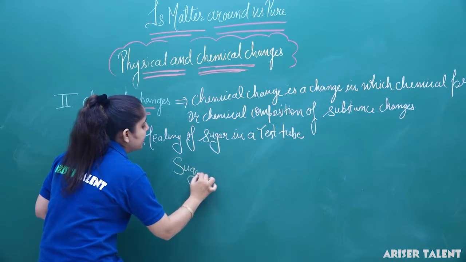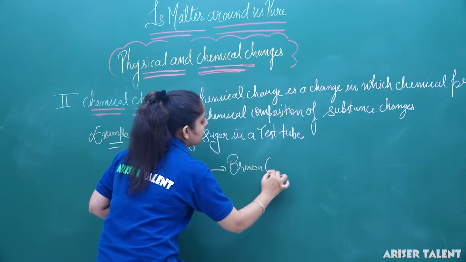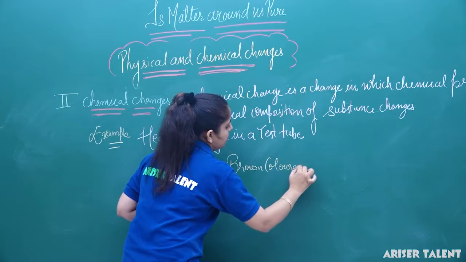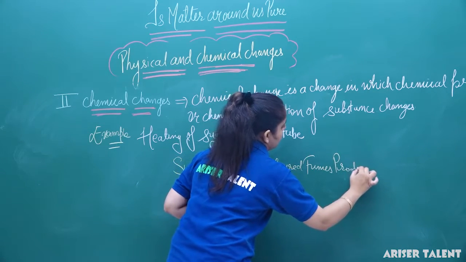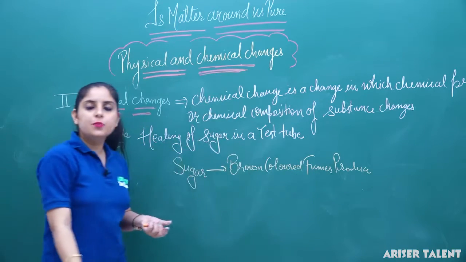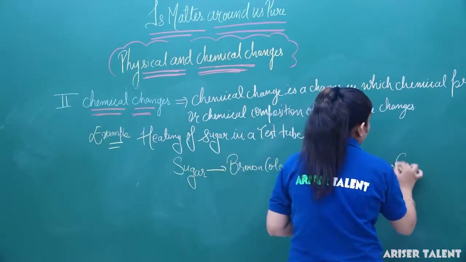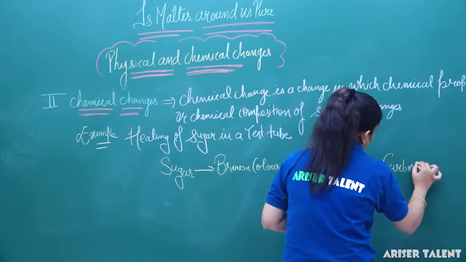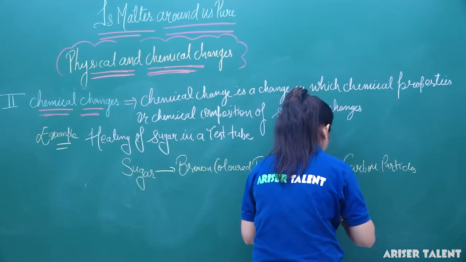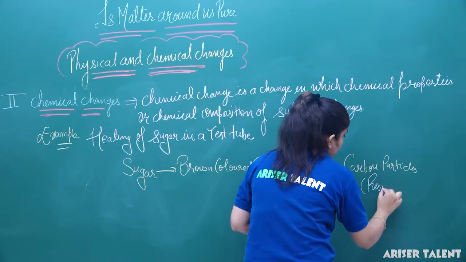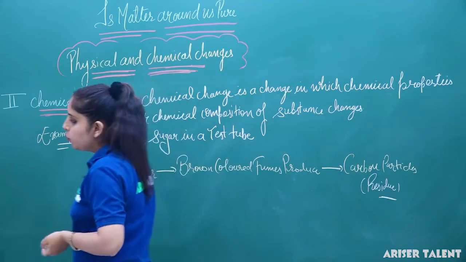If sugar is heated, brown colored fumes are produced, and the leftover part is carbon here. The carbon particles remain as a residue left behind.